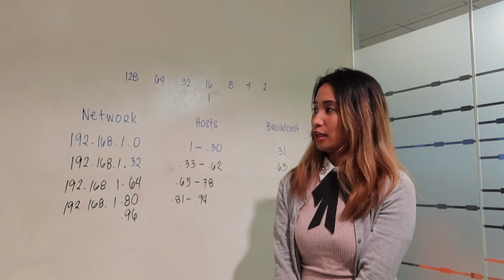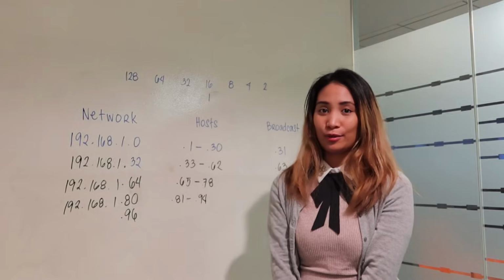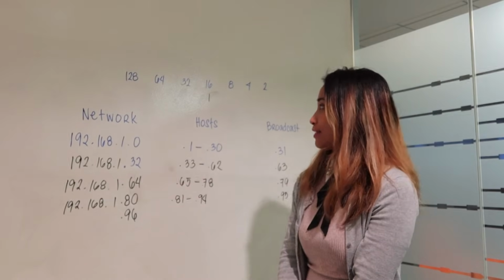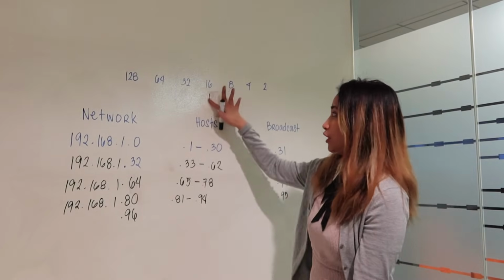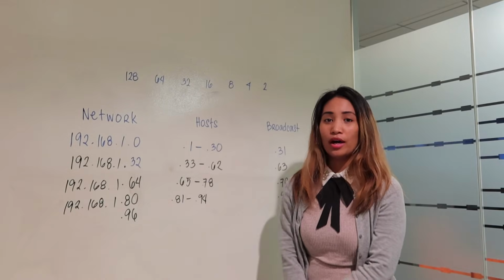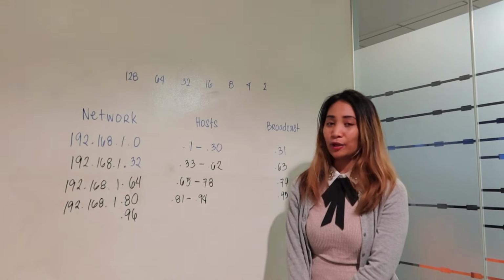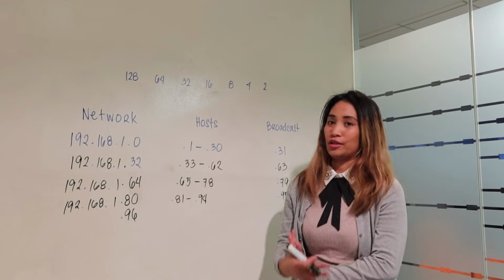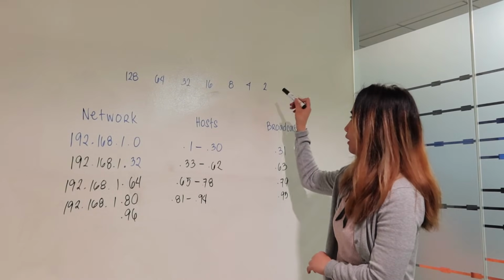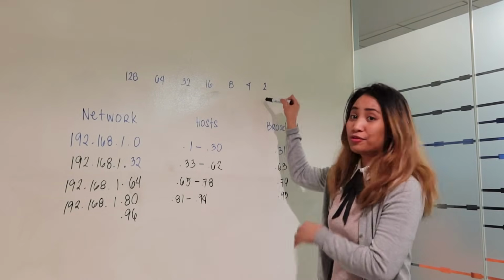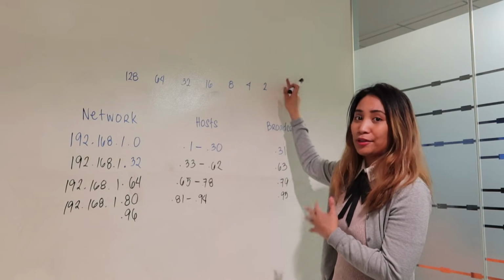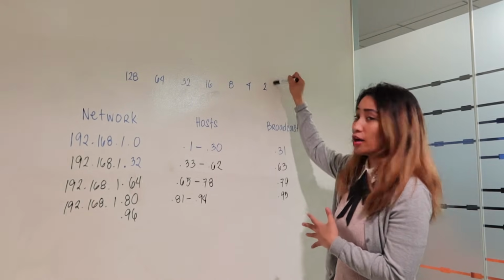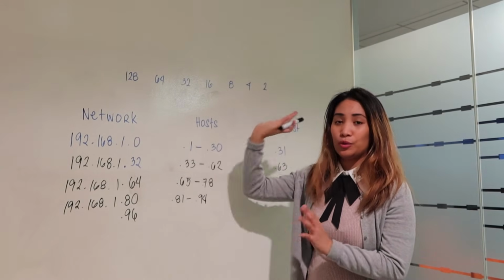Yay! And before we proceed to the 1 links, let's go back to our binary chart first, and let's see what the nearest block size is that could accommodate 2 hosts. Okay, so let's start with the smallest one. So we have 2 in here, but can the 2 block size accommodate the 2 hosts?